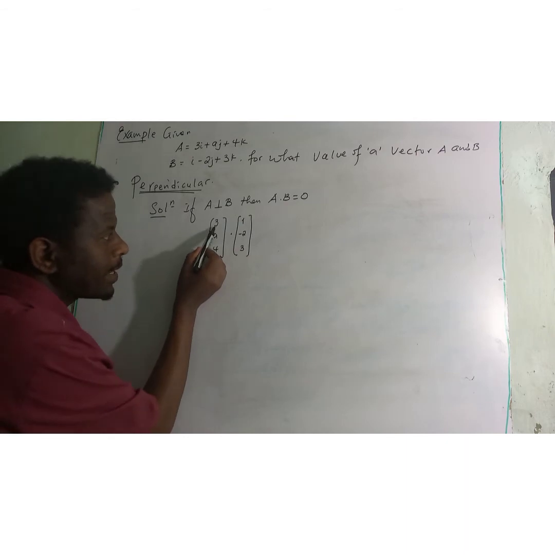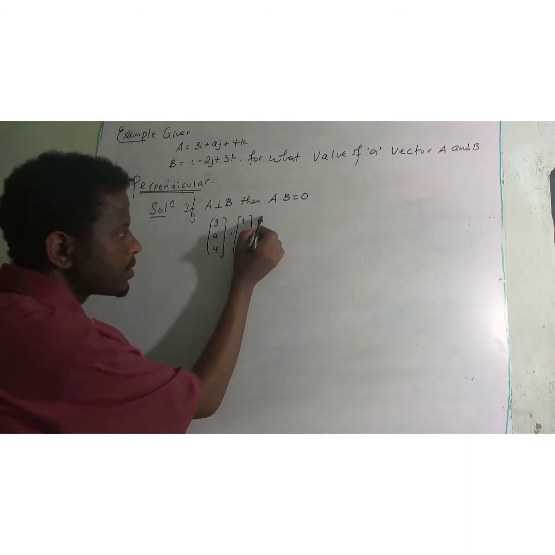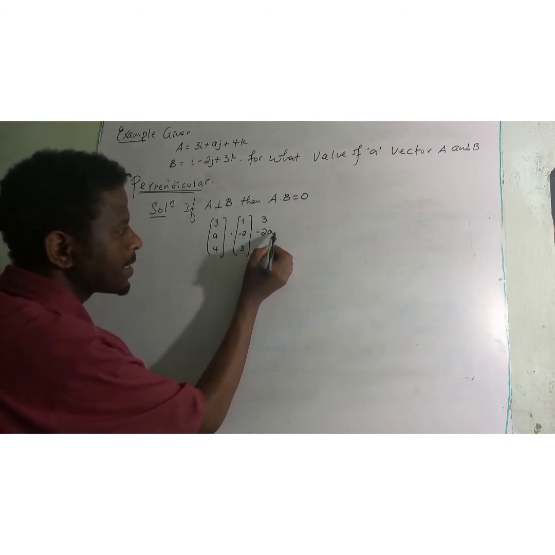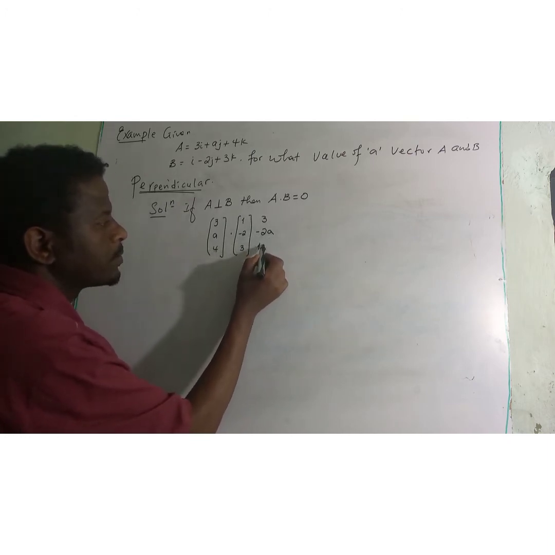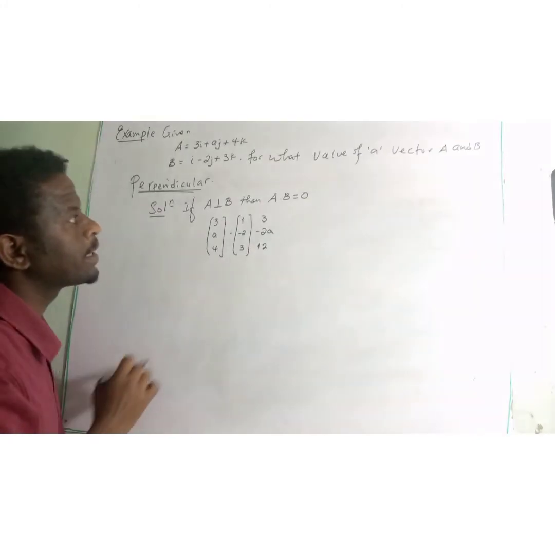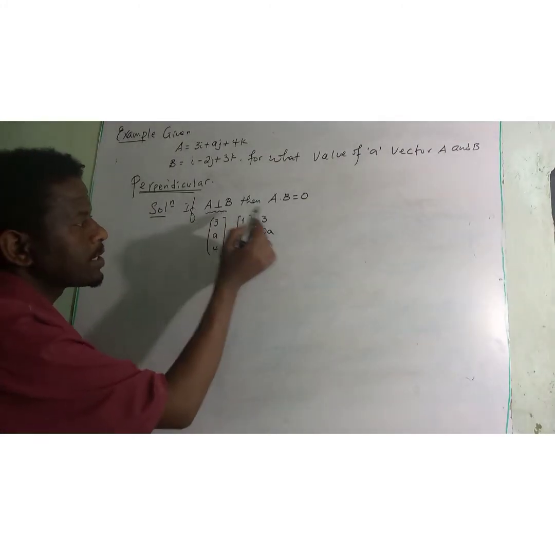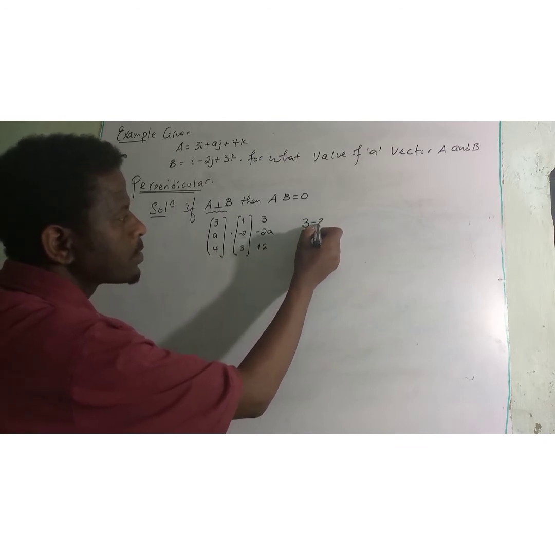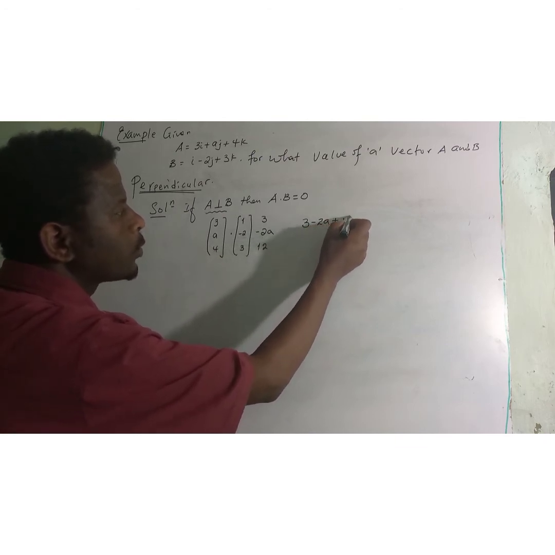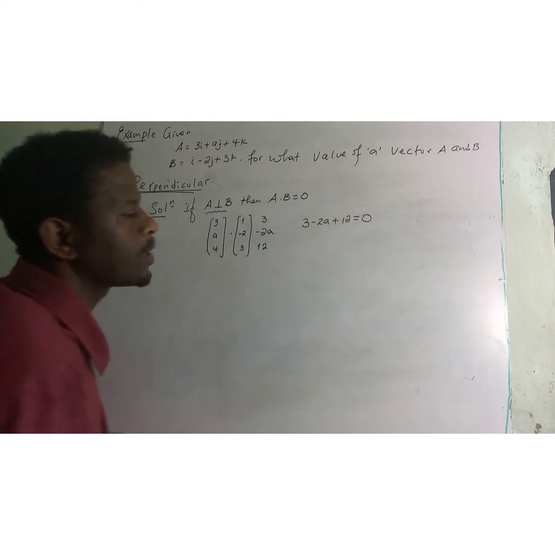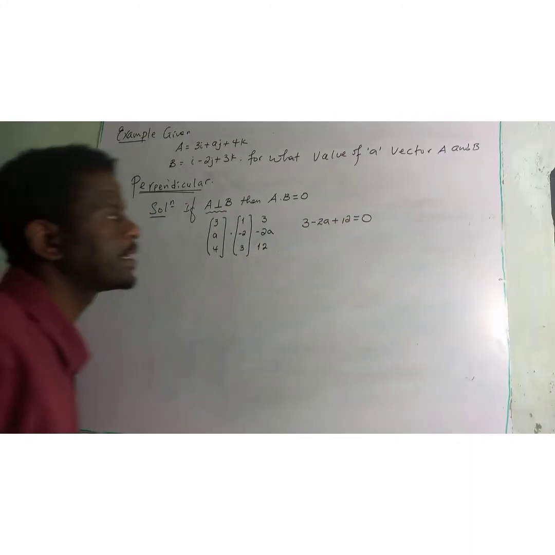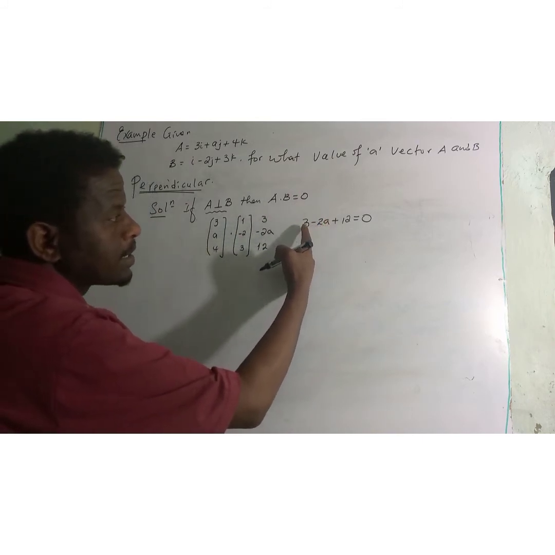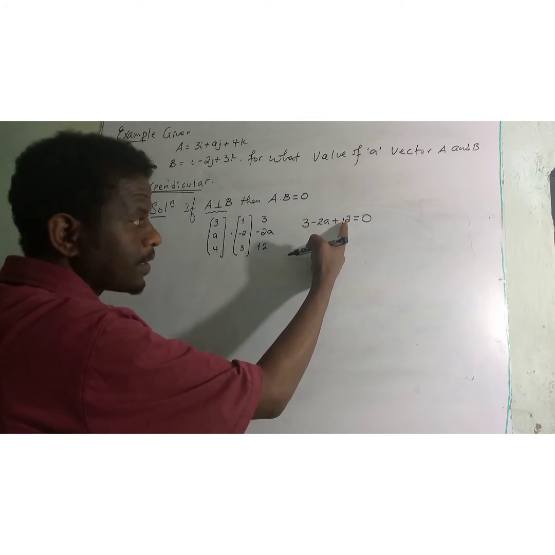Dot product: AX BX, 3 times 1, 3, minus 2 times a, minus twice a, 4 times 3, which is 12. If they are perpendicular with each other, this sum, which is 3 minus 2a plus 12, equals 0. Then, 3 plus 12, which is 15.